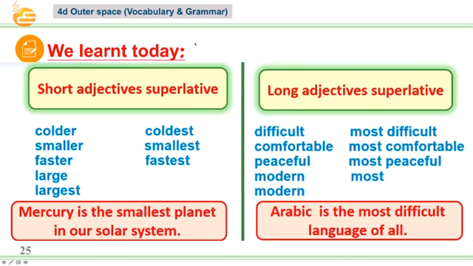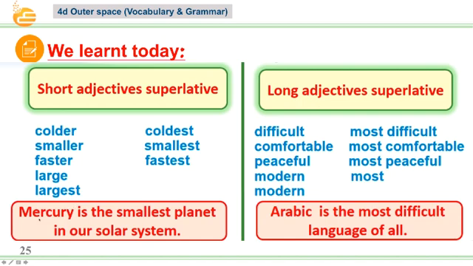Okay, we learned today short adjective superlative and long adjective superlative. Colder, coldest. This is a comparative, this is a superlative, don't forget that. Between two, more than two. Short adjective means one syllable. Long adjective means more than one syllable.